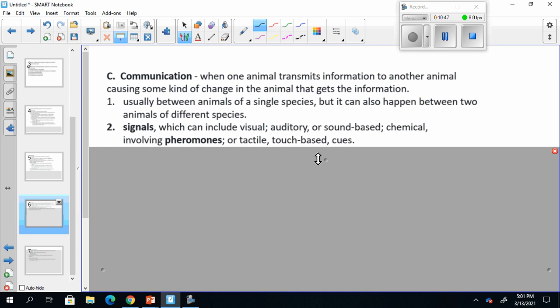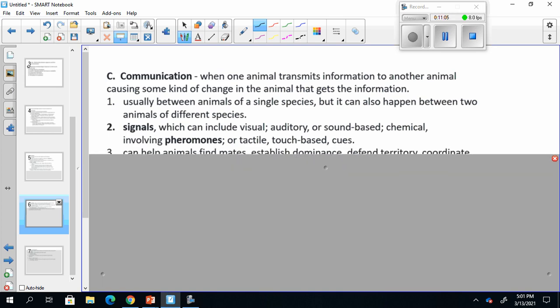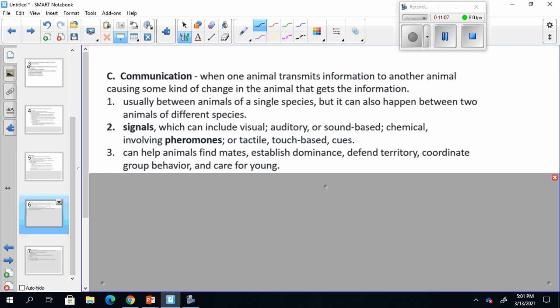Pheromones I put in bold because they come up quite frequently. Those are chemicals made by organisms. Sometimes you notice the smell, and sometimes that smell is picked up by cells in your body, and sometimes you don't outwardly even smell it, but they are definitely having an effect on your physiology.